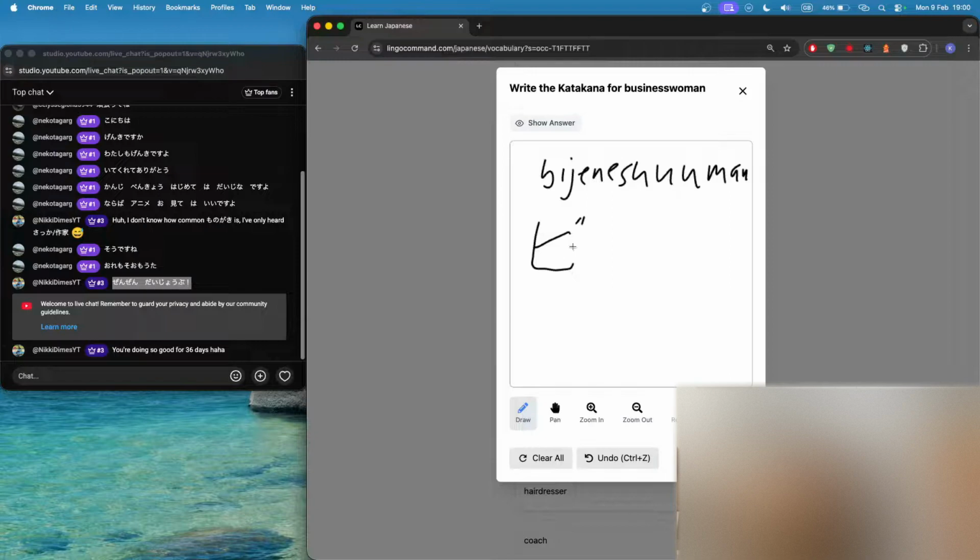Apply dakuten to make it be. Then we need shi. Now that I'm thinking about it, dakuten is this way, so we've got to redo this.